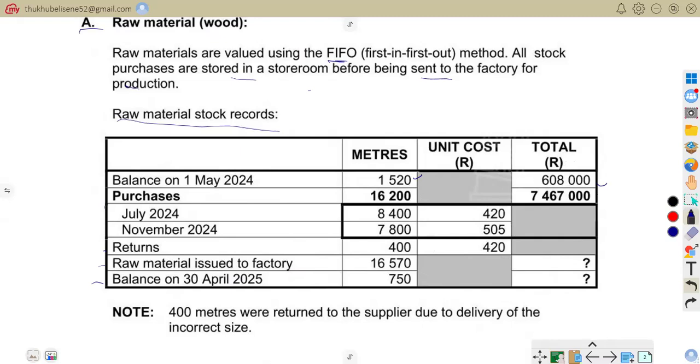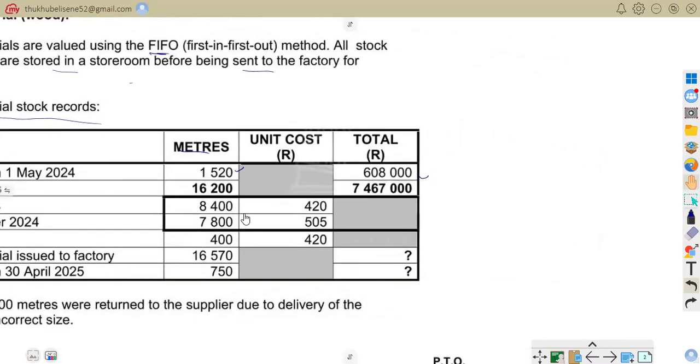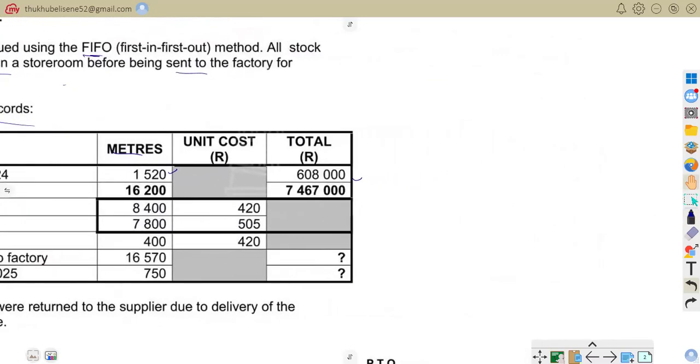Meaning to say, we are going to say opening stock. So we are going to say meters cost per unit because these are our meters. This is the meters that we are going to work with. So we are going to say opening stock.